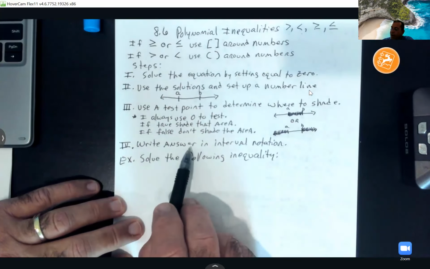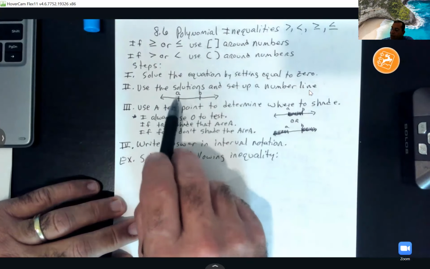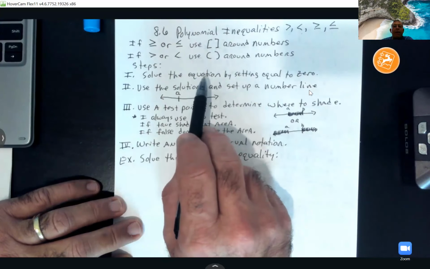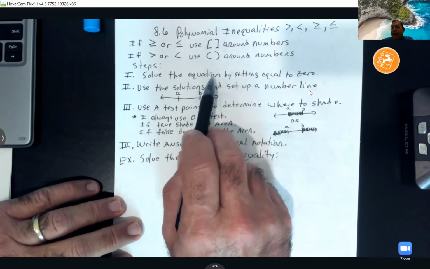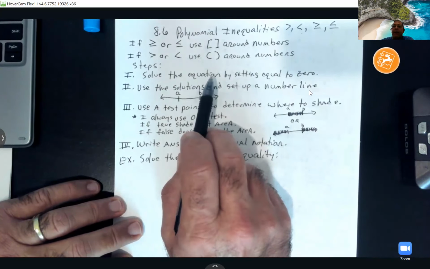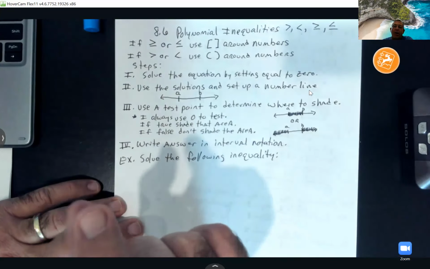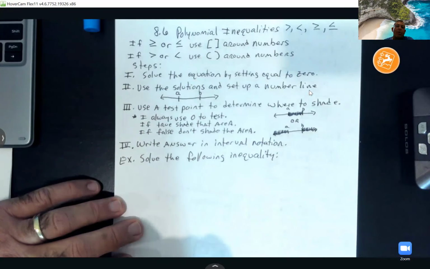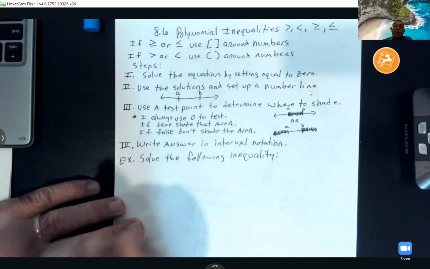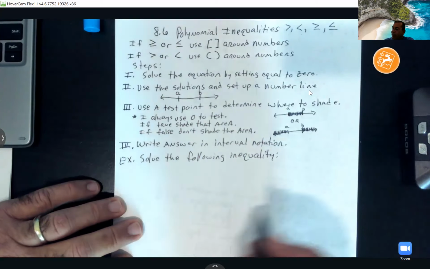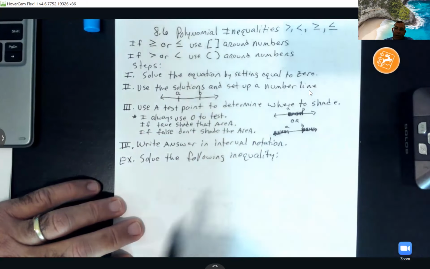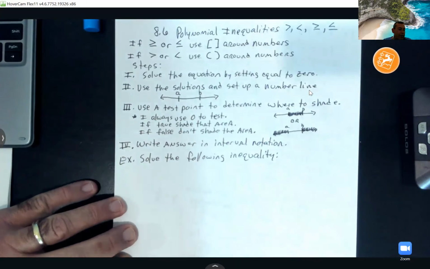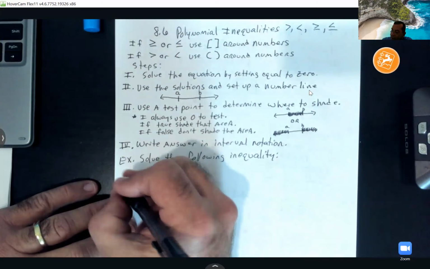In the event that, when you're solving it, your equation cannot be factored to solve, then that means we get what we call no solution. I'll show you when we do the no solution, MATLAB uses a 0 with a line through it. I'll show you how to do that when we hit that one.